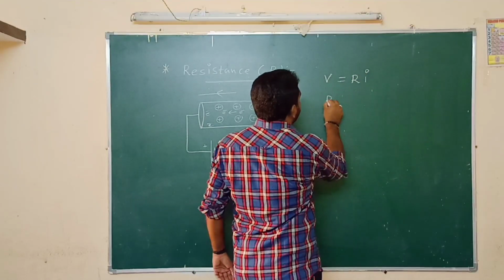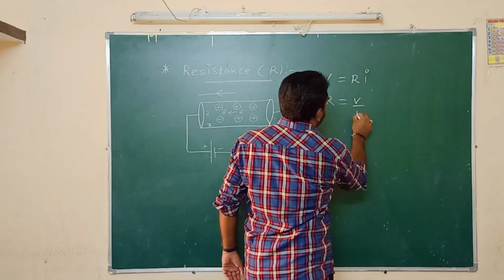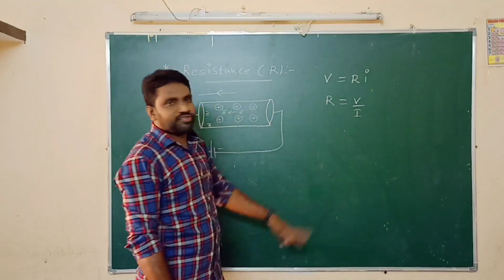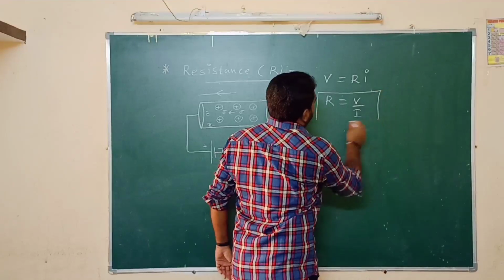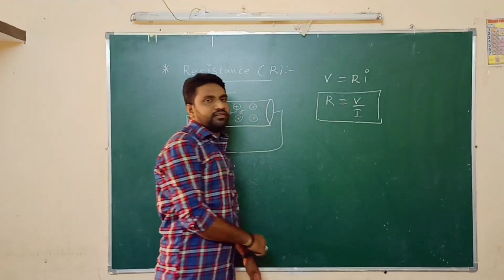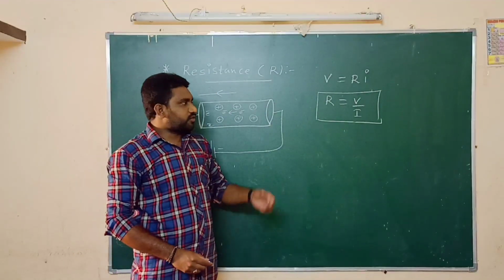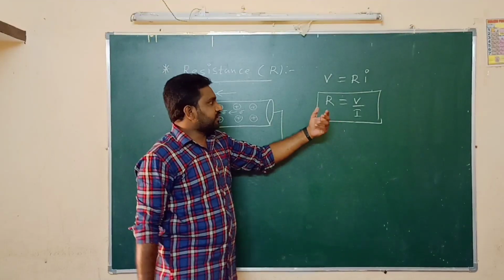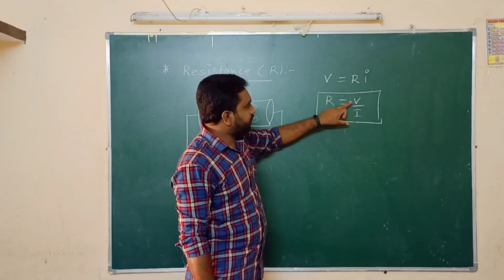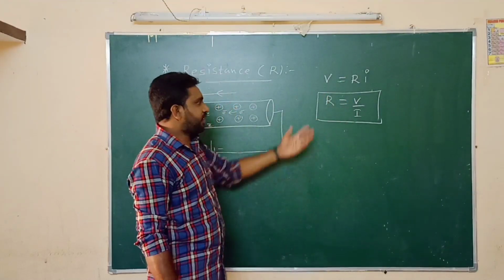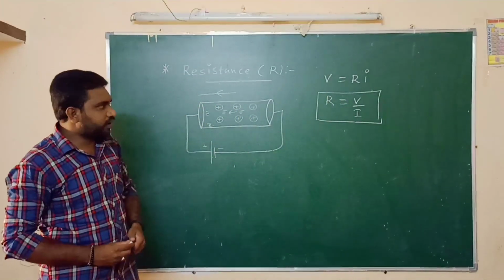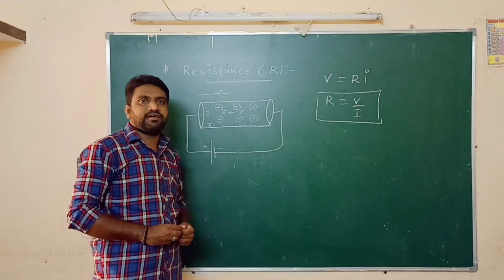From this equation we can write R equal to V by I. This is the equation to find resistance. From this equation we can also define resistance: the resistance of a conductor is the ratio between potential difference and current of the conductor.